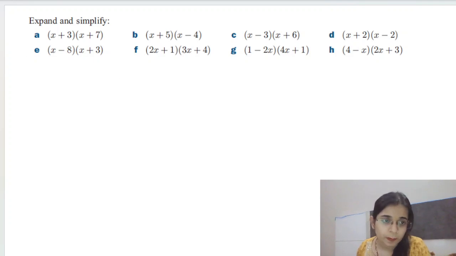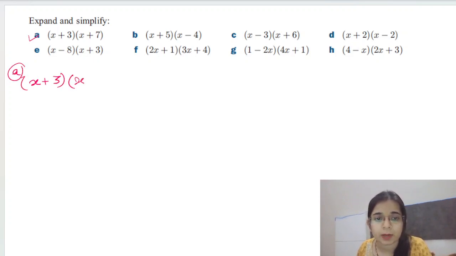Now moving to some questions using this product rule. Here see x plus 3, this is question number A, is getting multiplied by x plus 7.